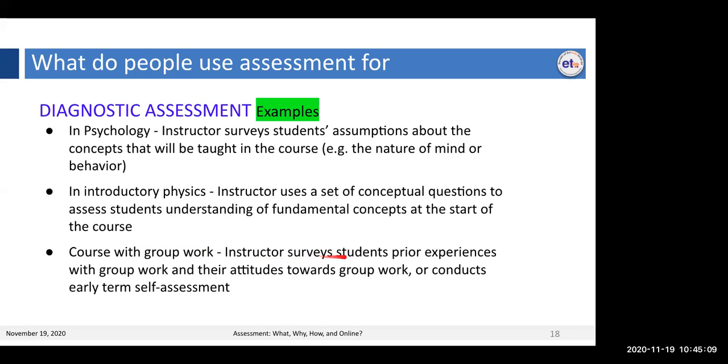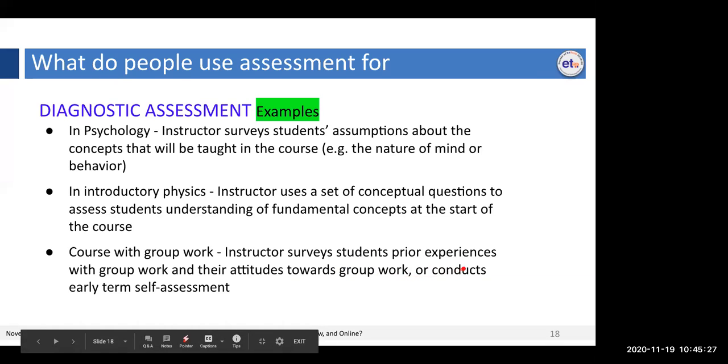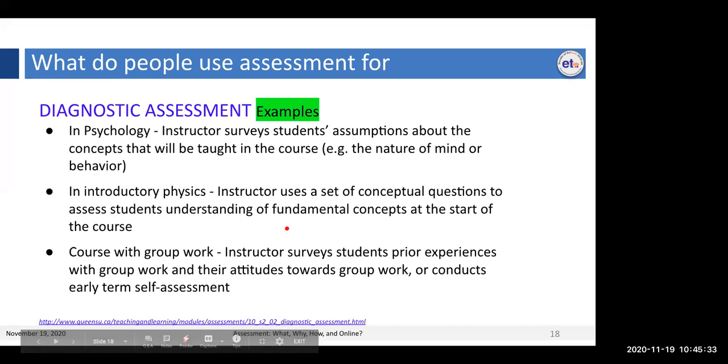There the teacher can survey students' prior experiences in working in groups. Definitely this will help the teacher understand what the students' background is and how these students think, their attitudes toward group work. Okay, right? So these are a few examples. Now this is a link for your reference.